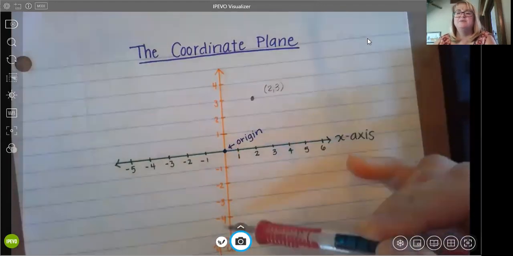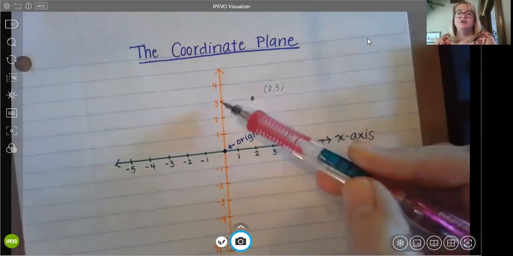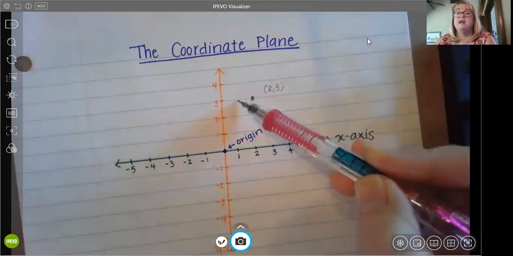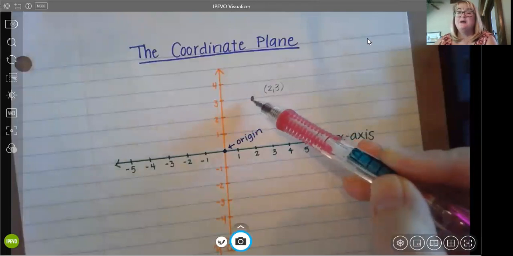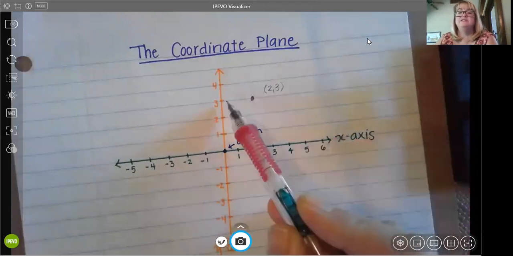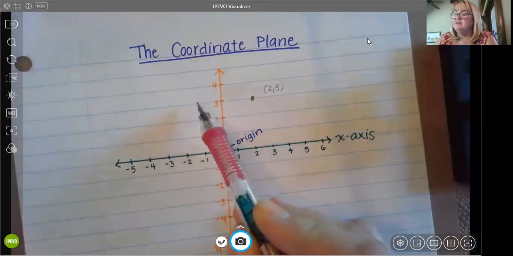If it is a reflection across the y-axis, this is like the mirror. So if you look at this, this is 2 units to the right of the y-axis. So the reflection would be the opposite of that. Instead of 2 units to the right, you go 2 units to the left.